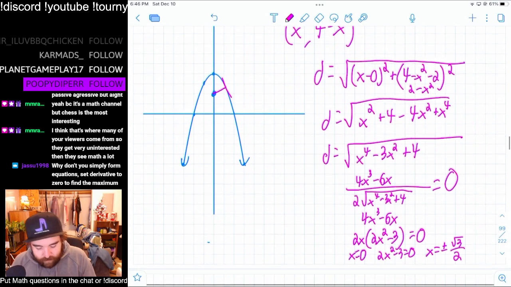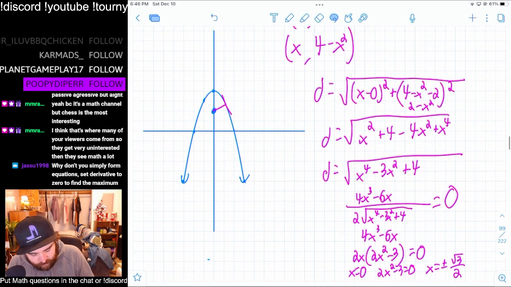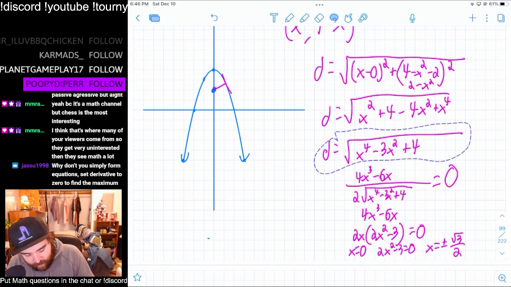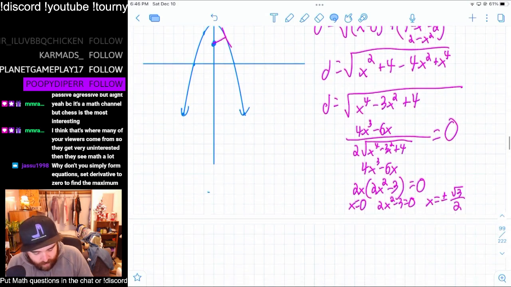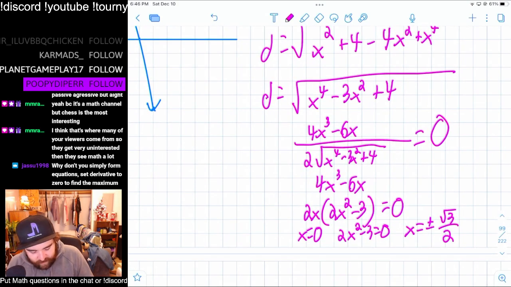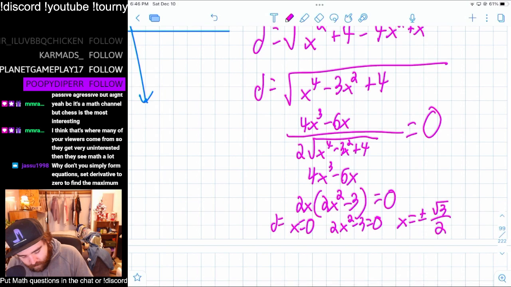So now what I would do, if I wasn't looking at the graph, is I would come back up here to our distance equation and plug in those values. So I'd say at x equals 0, the distance is 4.